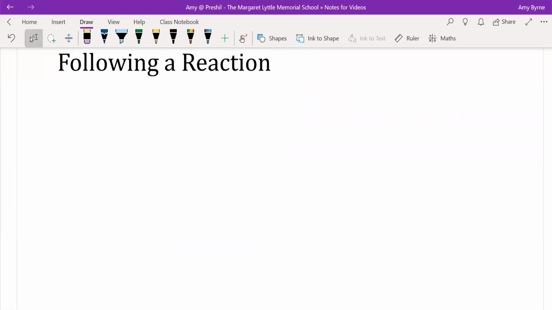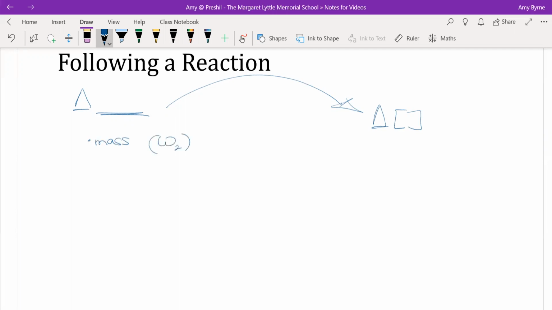Okay, when we follow a reaction, we can't exactly ask the particles what they're up to. So we need to measure a change in something that we can then link to a change in the concentration. So I can measure a change in mass if there is something like carbon dioxide gas being evolved.